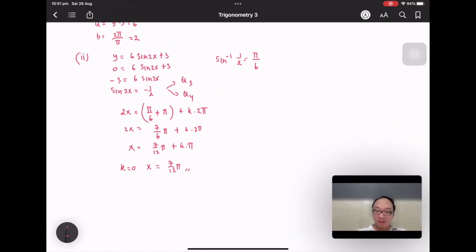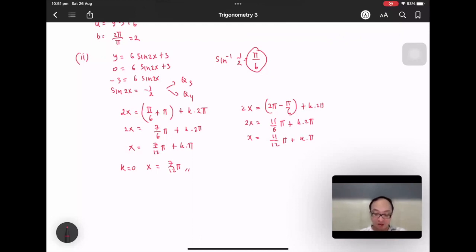If we check from the fourth quadrant, 2x will be equal to 2 pi minus pi over 6, yeah, 2 pi minus that value, plus k times 2 pi. So 2x will be equal to 11 over 6 pi plus k times 2 pi, and x equals 11 over 12 pi plus k times pi.